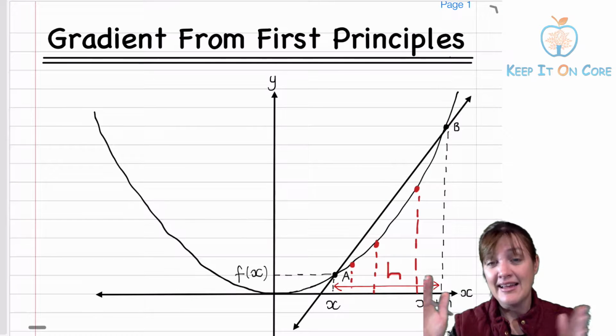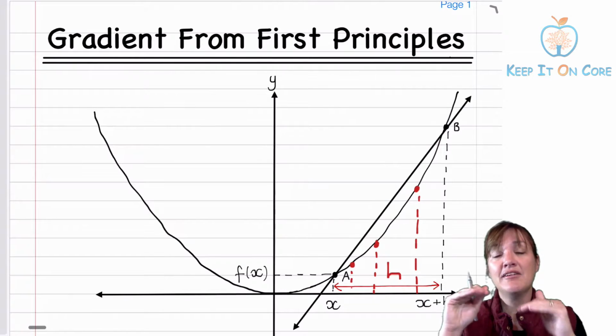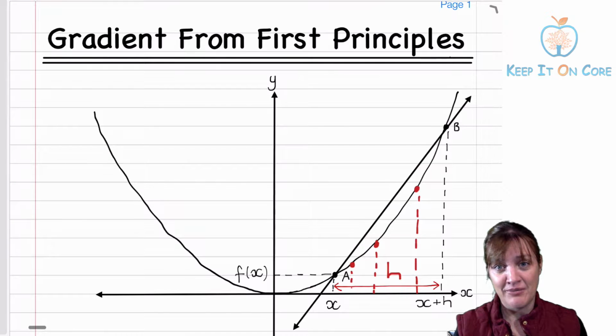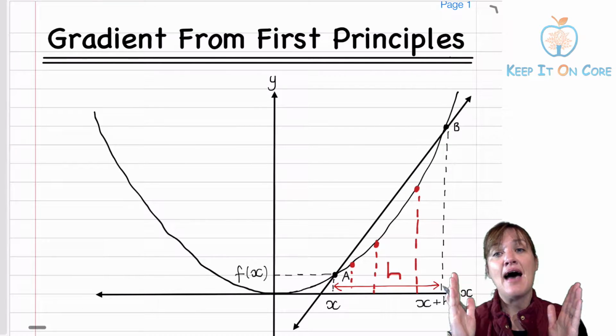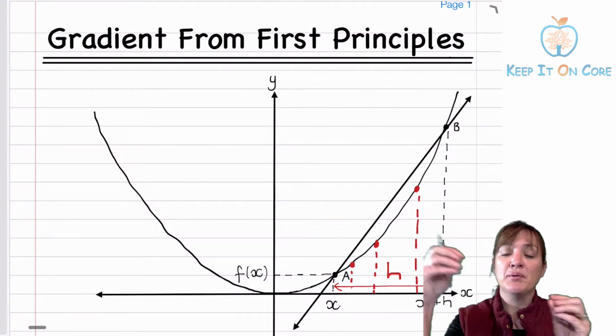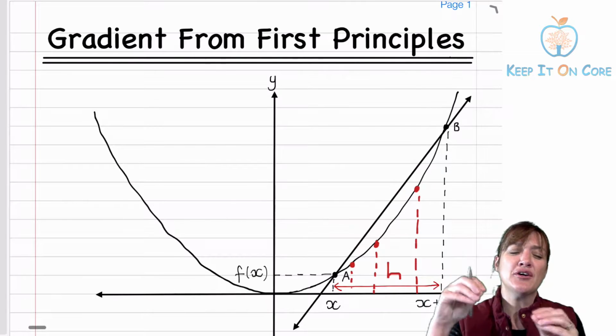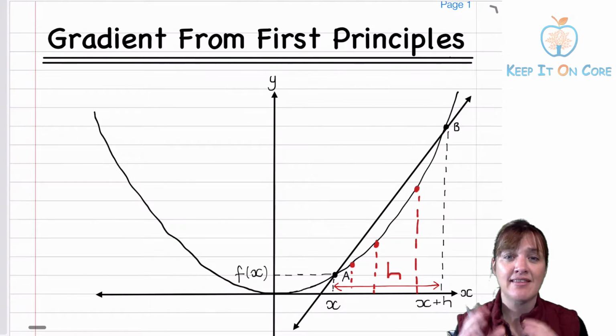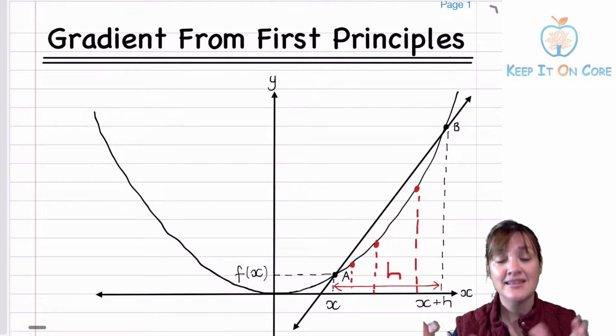Theoretically speaking, they will move infinitely close towards each other, all right? And the gap of h will then move infinitely close towards being nothing, well, being 0. And it's at that point where point A and point B have moved so infinitely close towards each other that they look like they're 1 point.